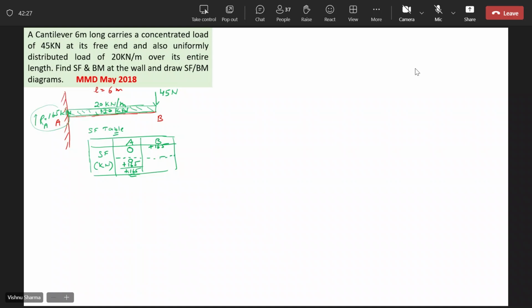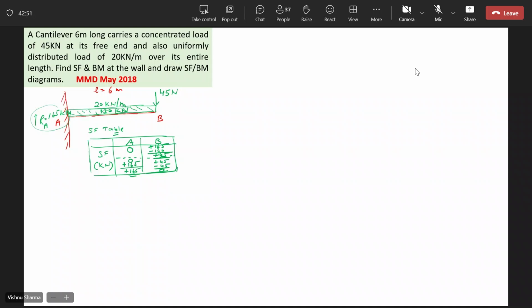And from A to B, what is the change taking place, guys? Minus 120 kilonewton, correct? And you are left with plus 45 just to the left of B. You carry forward plus 45, and then as you go to the right of B, it becomes 0. Does everybody agree with this SF table? Yes or no, class?